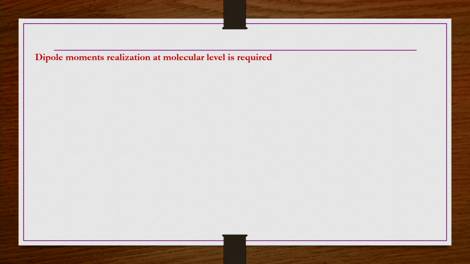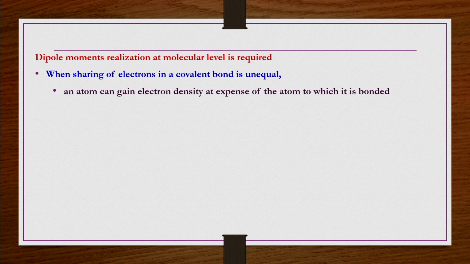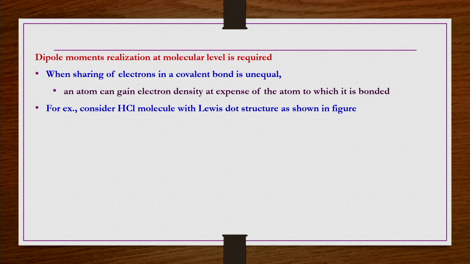Dipole moment realization at the molecular level is obviously required, because when sharing of electrons in a covalent bond is unequal, an atom can gain electron density at the expense of the atom to which it is bonded. For example, take the HCl molecule with Lewis dot structure as shown here. The dots are shown for the valence electrons of Cl, and the cross is shown for the valence electron of H. Now, chlorine is more electronegative.